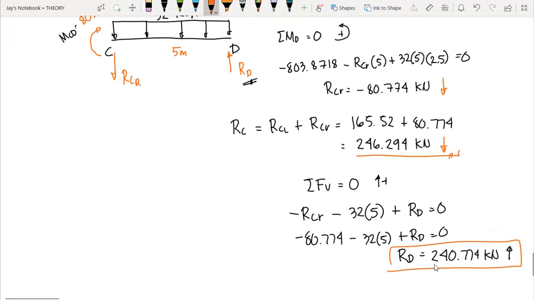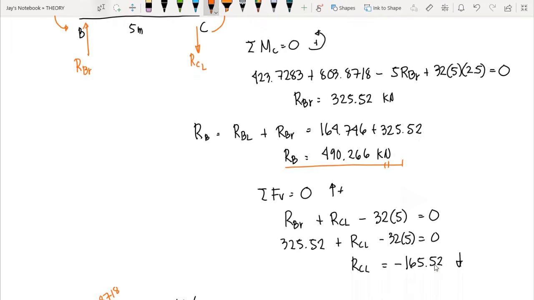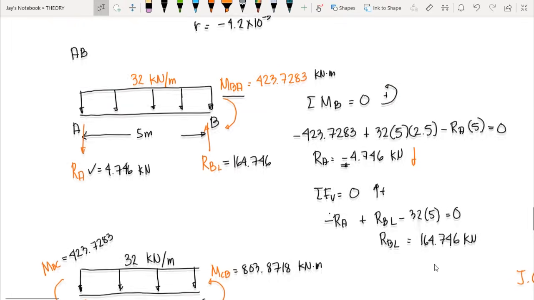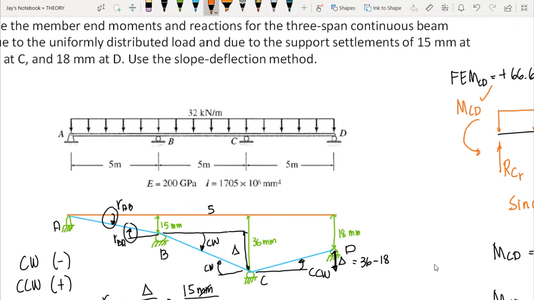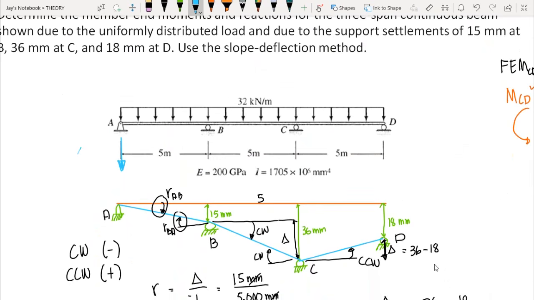We have now the reaction RD, this one. We have now the reaction RC, which is this one. Reaction B, which is this one. This is going upward. And we have the reaction A, which is this one. So our reactions are, for reaction A, a value of 4.746 kilonewton, which is acting downward.